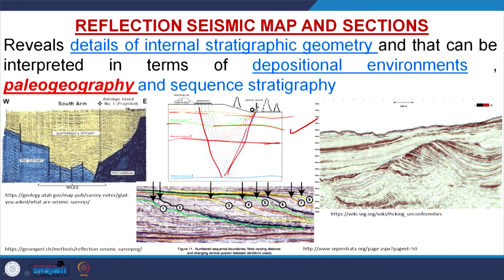So, this wave will reflect back from this interface, and this reflected wave will be recorded through geophones. Now, we have to process it, and after processing we have to interpret it. So, these are the processed data. This processed data has to be interpreted through geological knowledge.